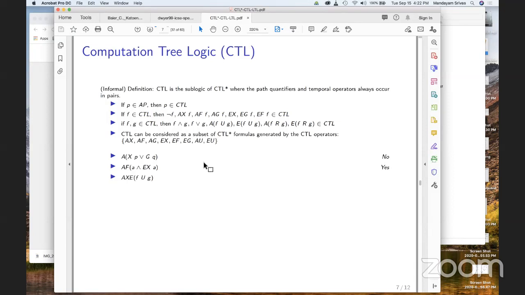How about this? Yes, correct. But don't be misled by the E appearing somewhat removed. This E is assumed to be associated with this U, the until operator.